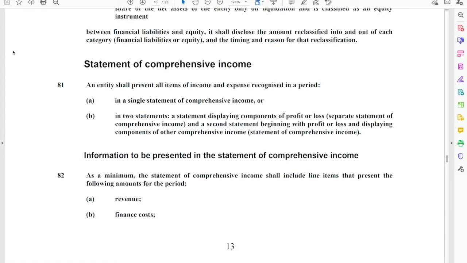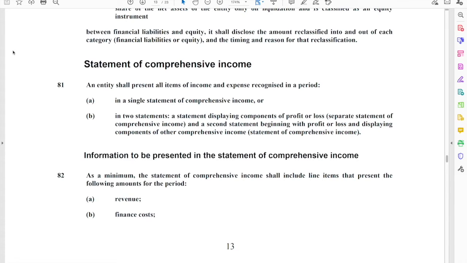So yung second part, yung para sa other comprehensive income, ang tawag natin doon statement of comprehensive income. So pag sa two statements, ang composition niya profit or loss, then other comprehensive income, that would be the total comprehensive income. Ang pinagkaiba ng letter B dito sa letter A, kapag letter A, parang straightforward lang.